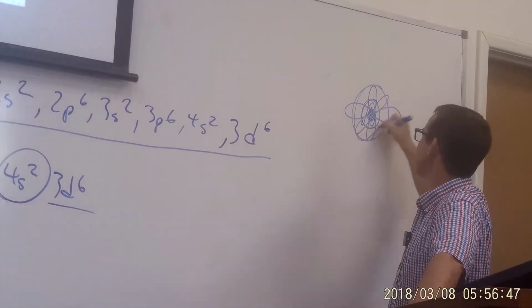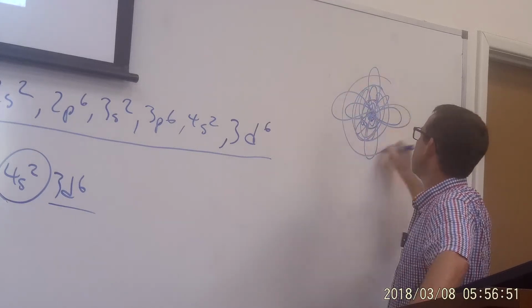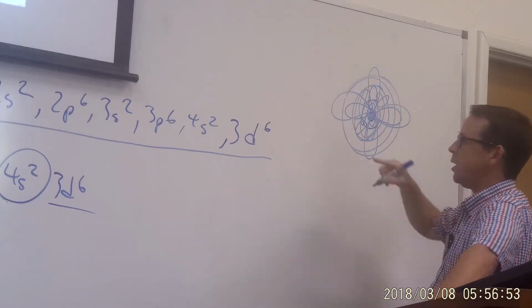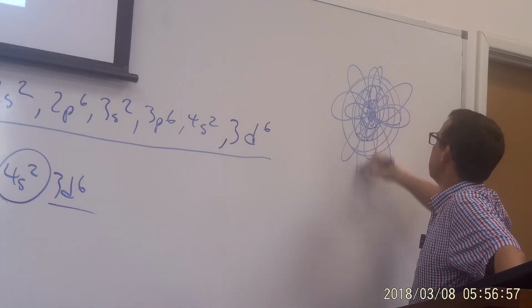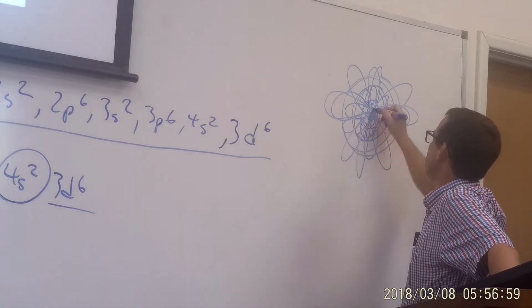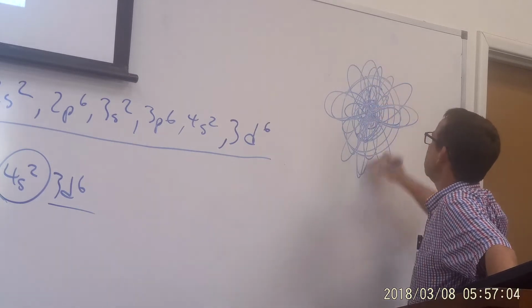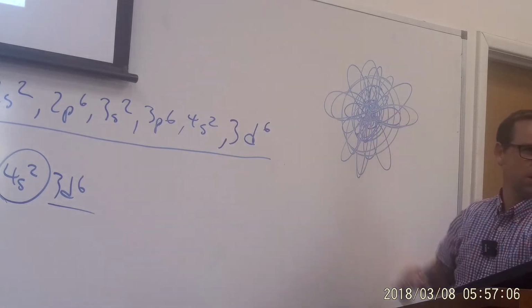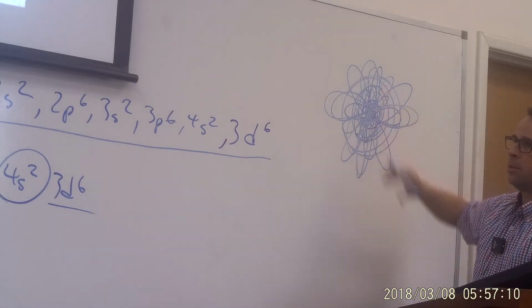Something spherical, 3s, 3p, something spherical, 4s, and then 3d, we have this little thing, looks like that. All right, so it doesn't help to draw it out after that point, right? But that's the idea here.